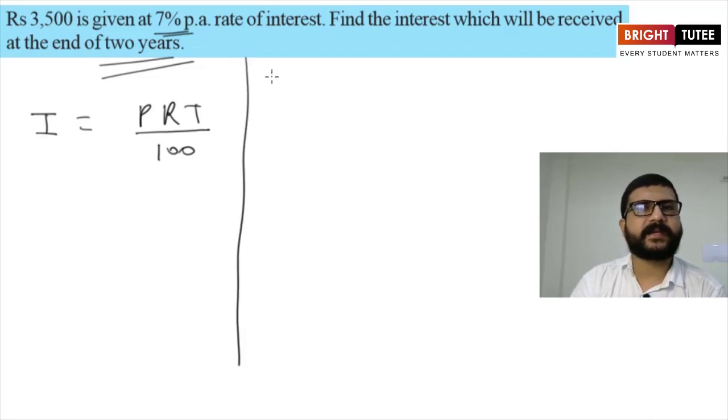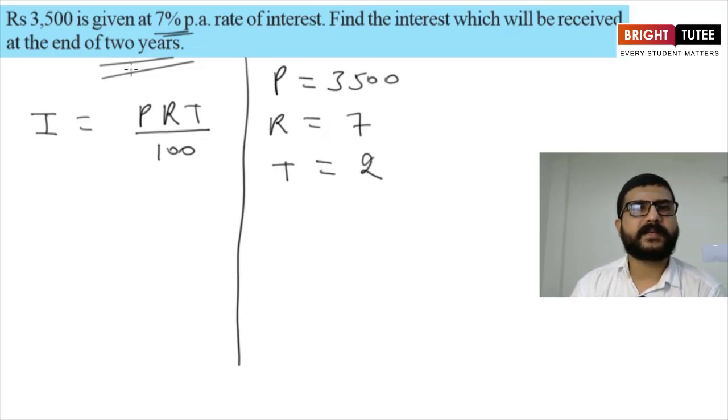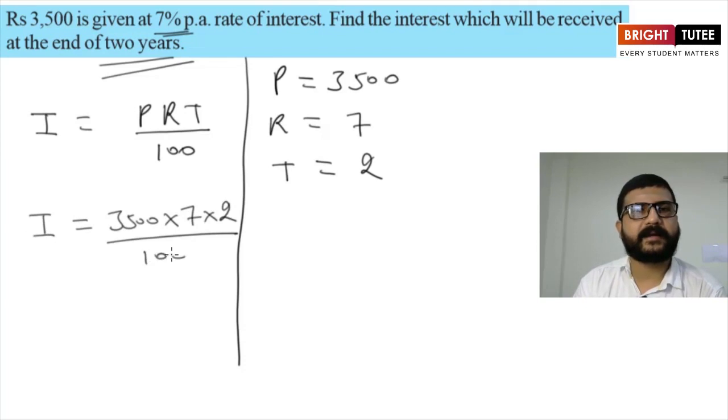Now what is P here? P is 3500, R is 7 and T is 2, because the sum is given for 2 years. So therefore interest, that is I, will be equal to 3500 into 7 into 2 divided by 100.